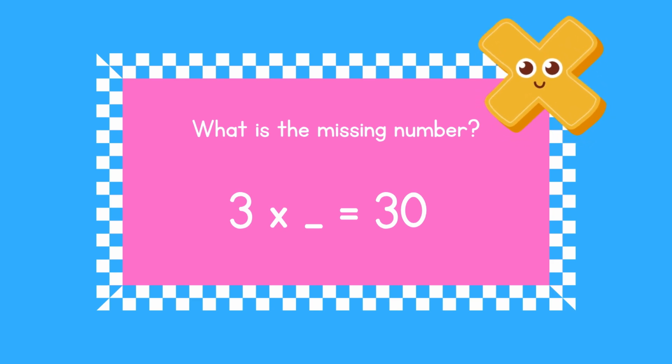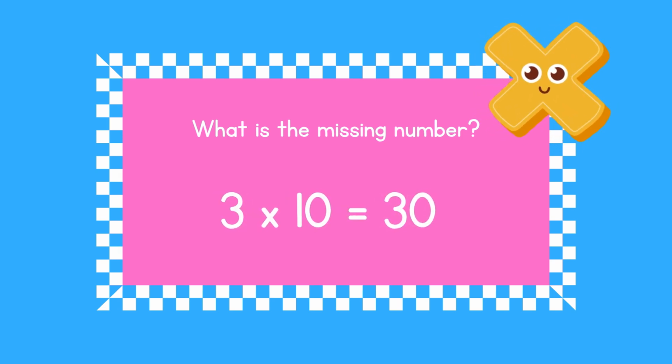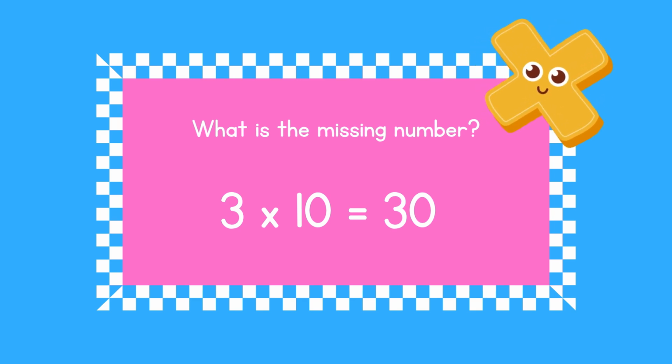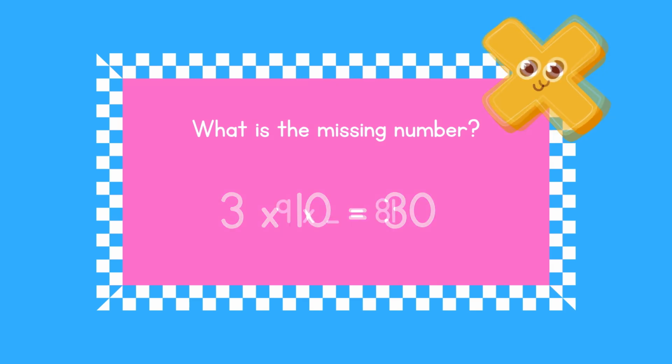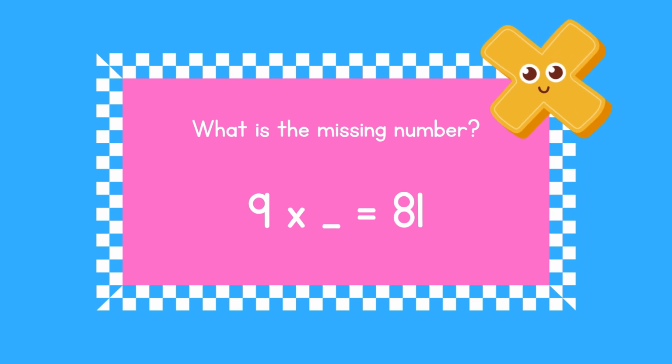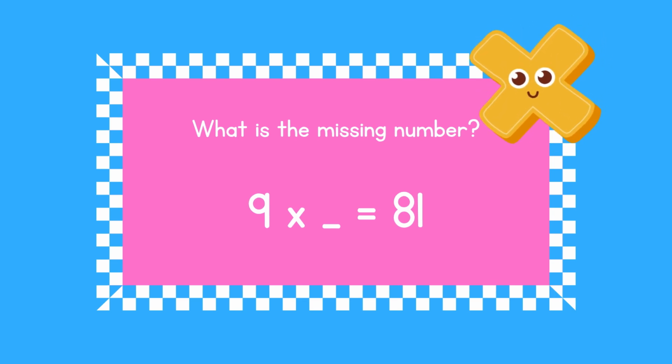Find the missing number. Three multiplied by 10 is 30. Find the missing number. Nine multiplied by 9 is 81.